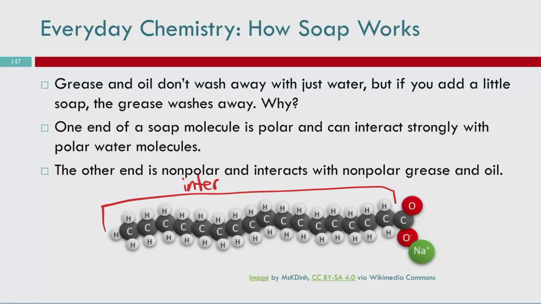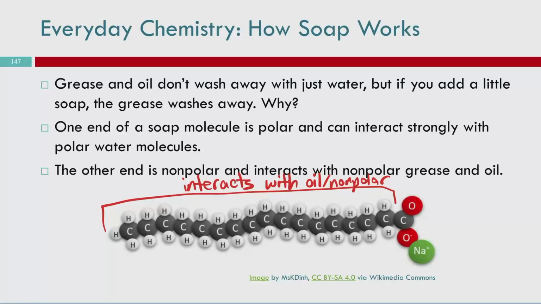It's got this long nonpolar chain that can interact with oil or nonpolar things. So oils are going to tend to have these long chains, and these long chains can stack up on top of each other, and they sort of interact by something that's sort of like friction. They could also tangle around each other and interact that way.